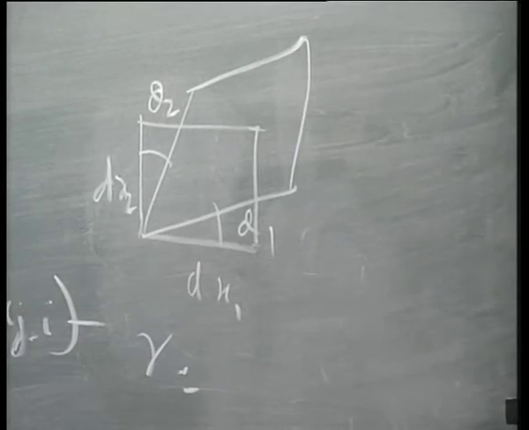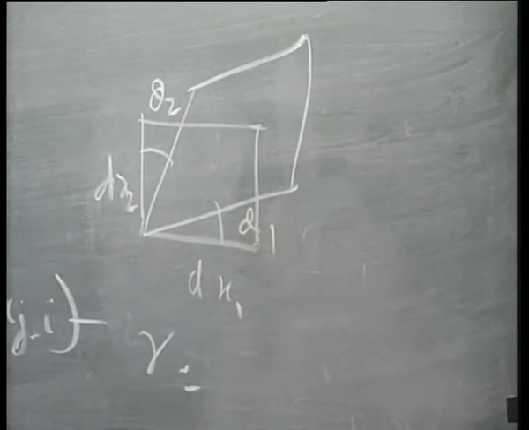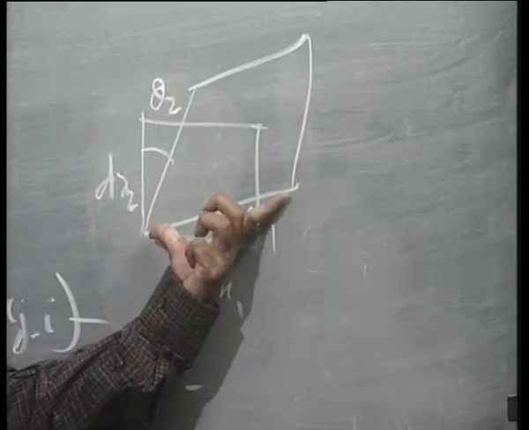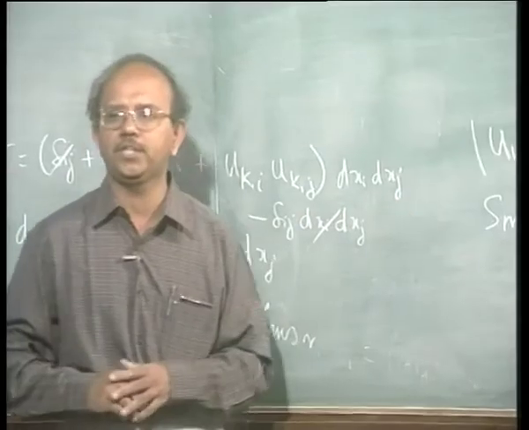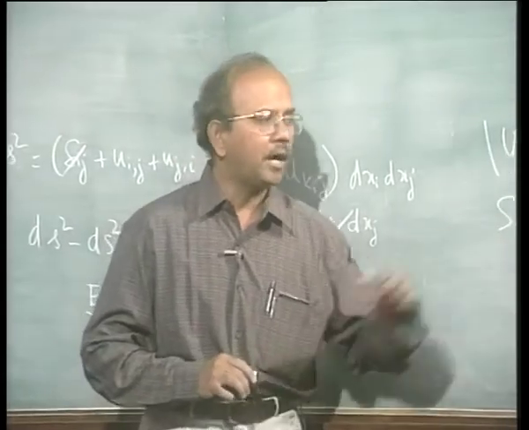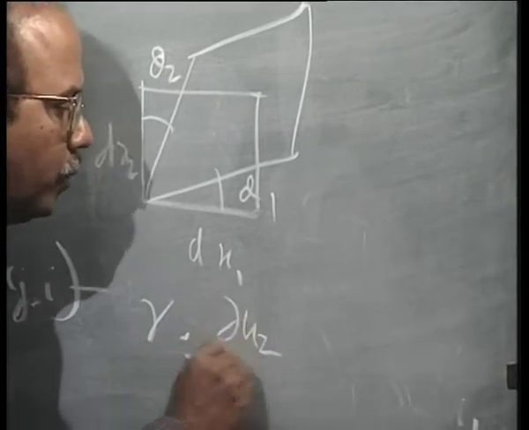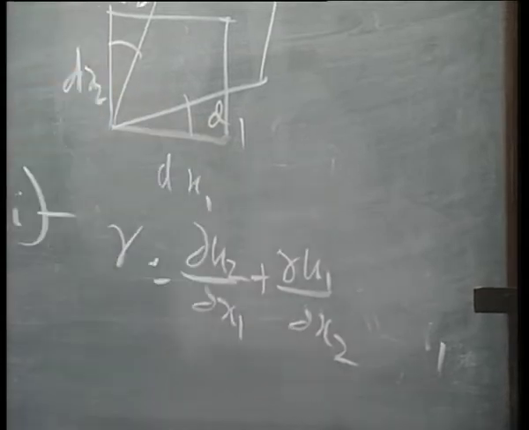It is approximately dou u2 by dou x1, plus dou u1 by dou x2. The original and the final lengths do not change much. That has been our small strain assumption. Though I have drawn it like that for clarity, it does not mean there is so much change in length. So gamma, which you would have defined as dou u2 by dou x1 plus dou u1 by dou x2.